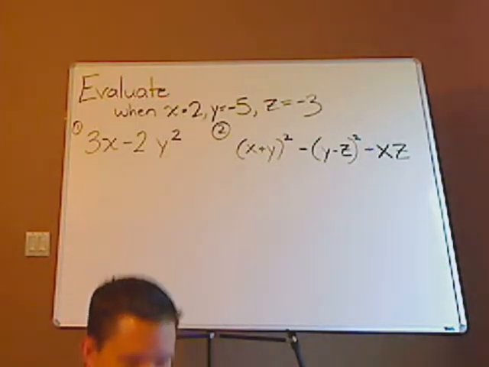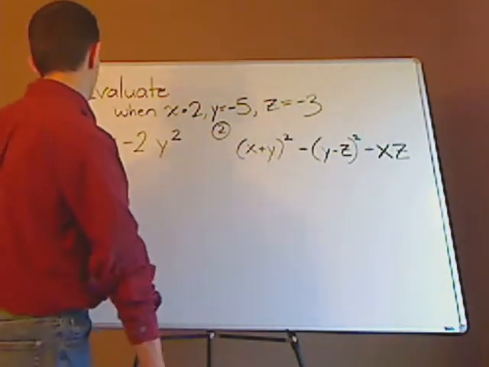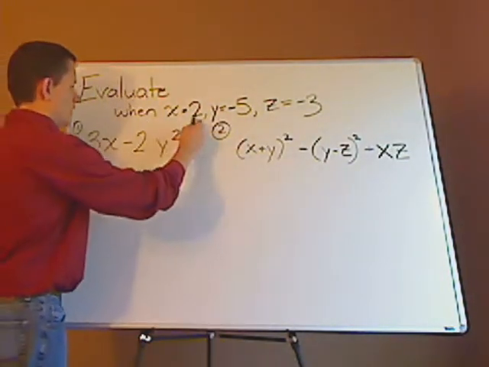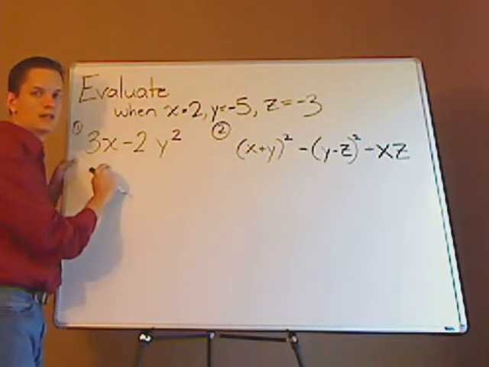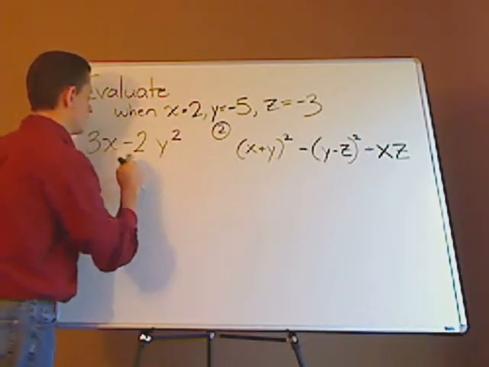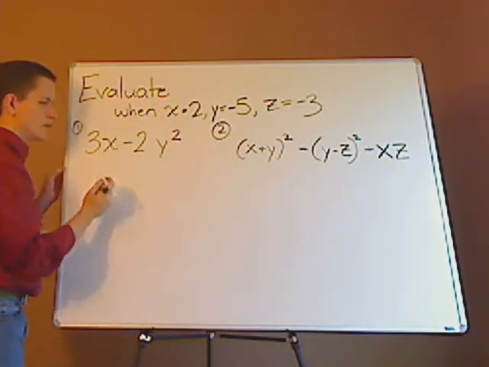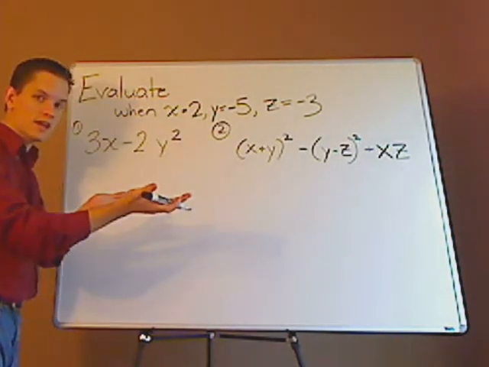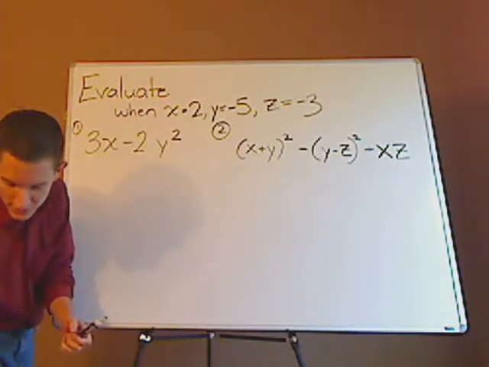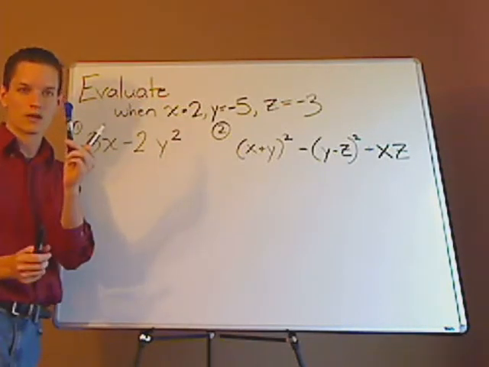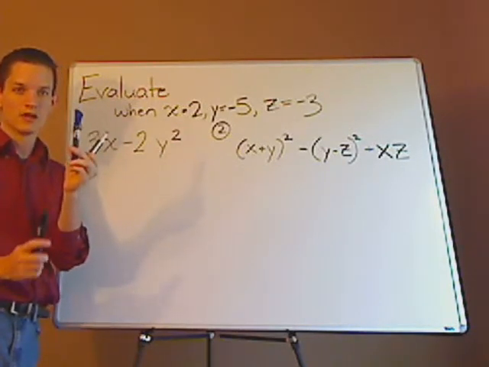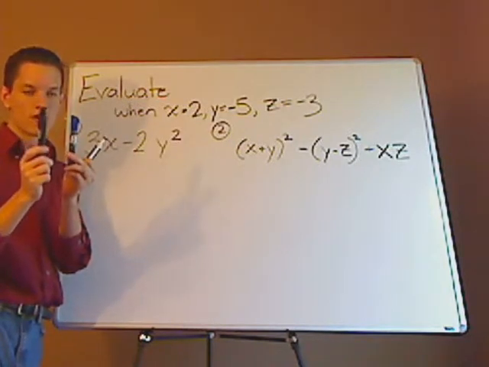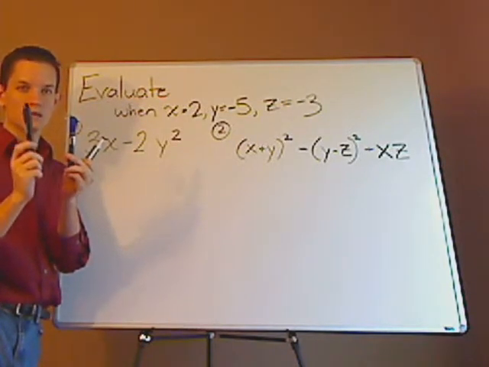Alright, so hopefully you have them done. Now notice here, I just put the x and the y. So, what you want to do is substitution. You want to substitute this for this, right? You want to replace this blue marker, which is the x, with the black marker, which would be number 2.